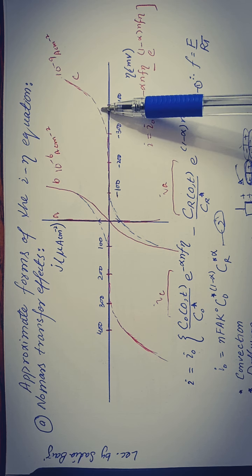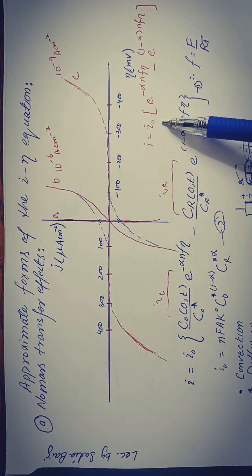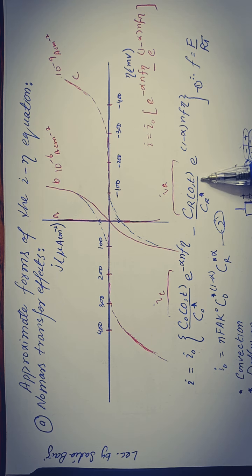This equation, known as the Butler-Volmer equation, is a good approximation of this current over potential equation given as equation number 1.